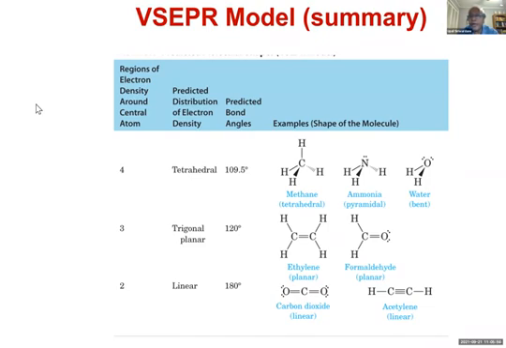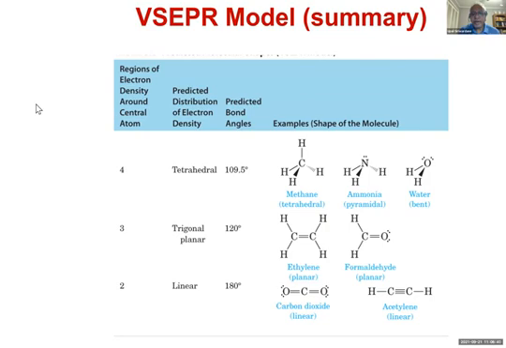But when you have lone pairs in a tetrahedral arrangement of bonding and non-bonding electron pairs, like in ammonia, it becomes pyramidal, or bent in water. Trigonal planar arrangement is in ethylene and formaldehyde. Linear arrangement is found in carbon dioxide and acetylene.